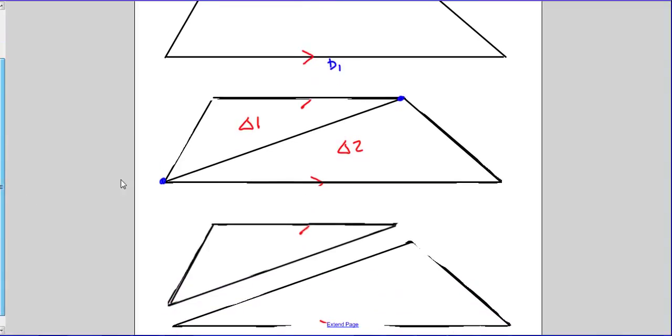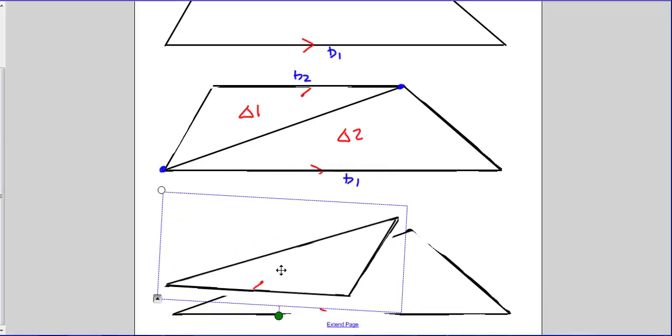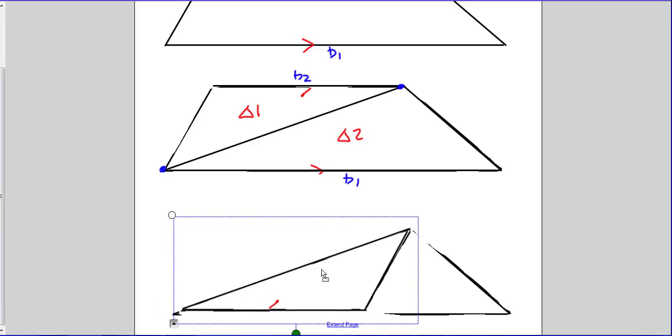Okay, this forms two triangles. I'll call them triangle 1 and triangle 2. And this is base 2 and this is base 1. What I'm going to do is rotate this triangle just to demonstrate that in fact these triangles have the same height.